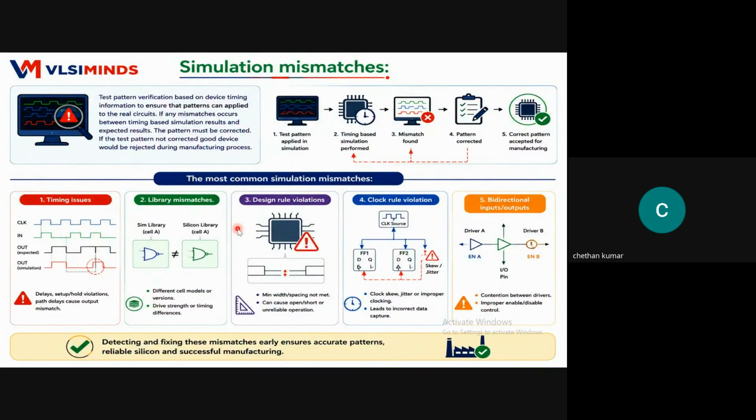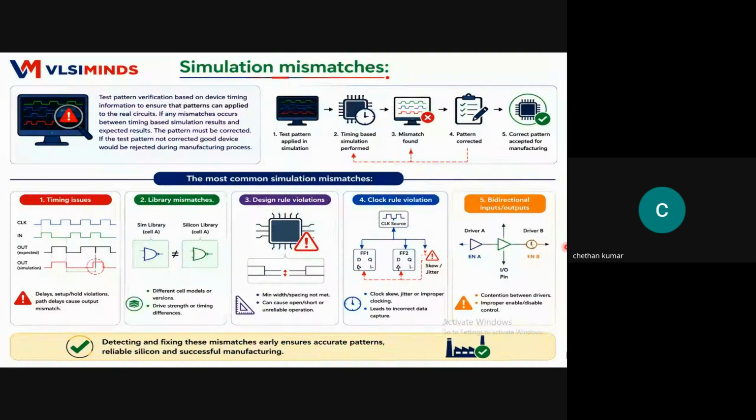So simulation is very important before delivering the patterns to the ATE machine. If you solve all these and patterns are passing, then we can confidently give it to the machine to check the patterns with the real silicon.